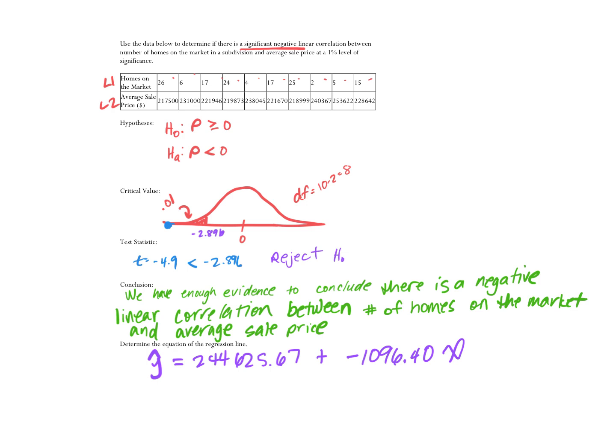Negative 1,096.4. The slope describes what's going on. So I would read that and say that for every one extra home on the market, the average selling price is going down by approximately $1,100. Everybody good? Okay.